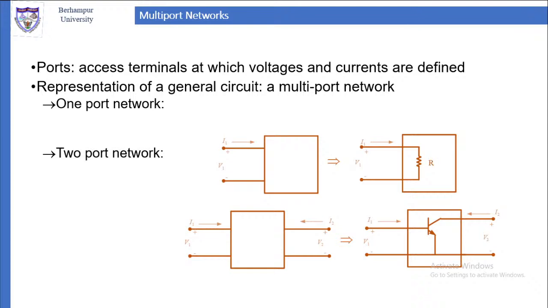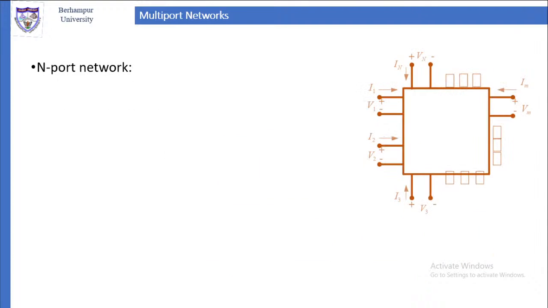Then across the base and emitter we give the input, and across the collector and emitter we take the output. So base-emitter forms the first port, that is port 1. Collector-emitter is the second port, that is port 2, in the case of a transistor.